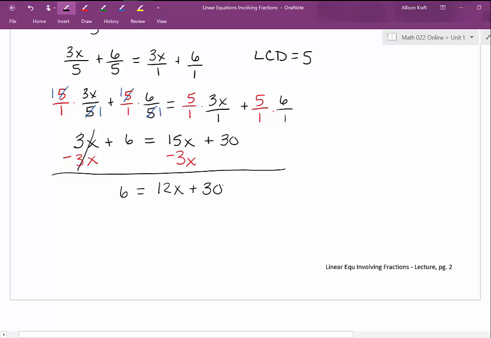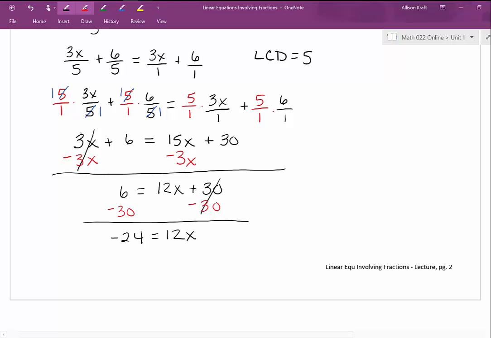Now that all of my variable terms are collected on the right, I have to move my constant terms to the left. This is a plus 30, so I'm going to subtract 30 from both sides to move it. 30s cancel out, leaving me with negative 24 is equal to 12x.